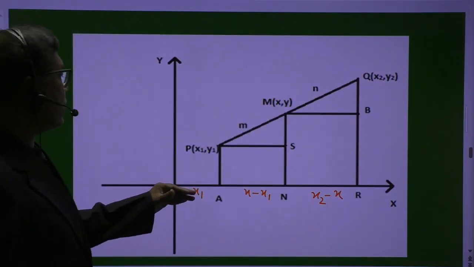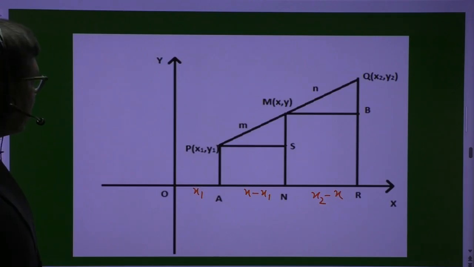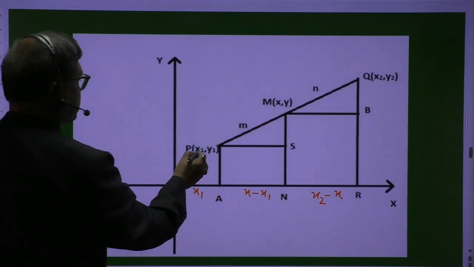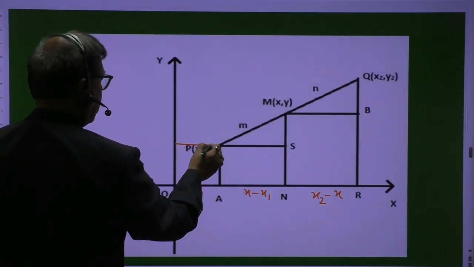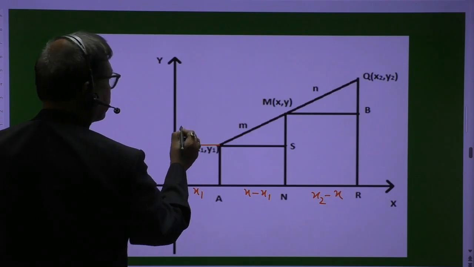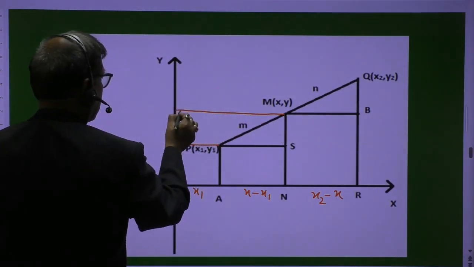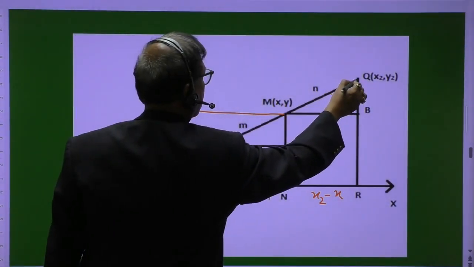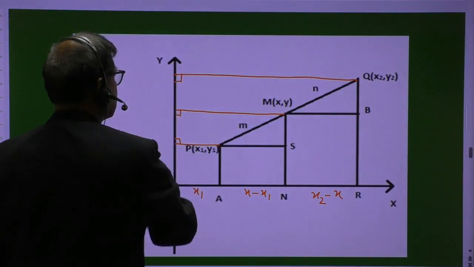So similarly we can find the y coordinate. For that we will take the projection of PQ on y axis. So I draw a perpendicular from M on y axis, and from Q I am drawing one perpendicular on y axis. Is it clear?